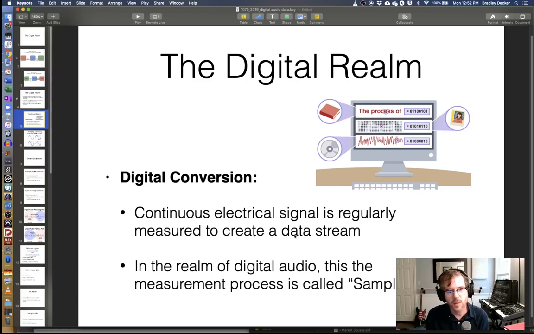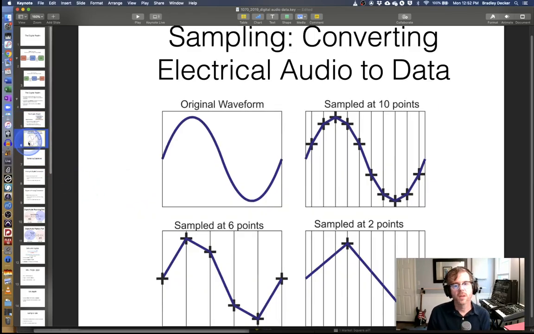Anything that has a continuous electrical signal is regularly measured to create a data stream. We call this process of regular measurement sampling. Sampling is the continuous measurement of an incoming wave or signal type, whether it be electrical audio or a video signal or anything from the normal natural world that has to be converted into data.